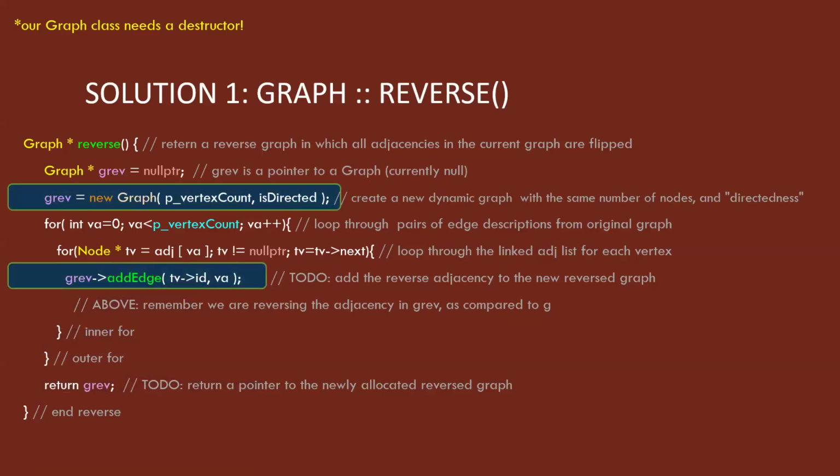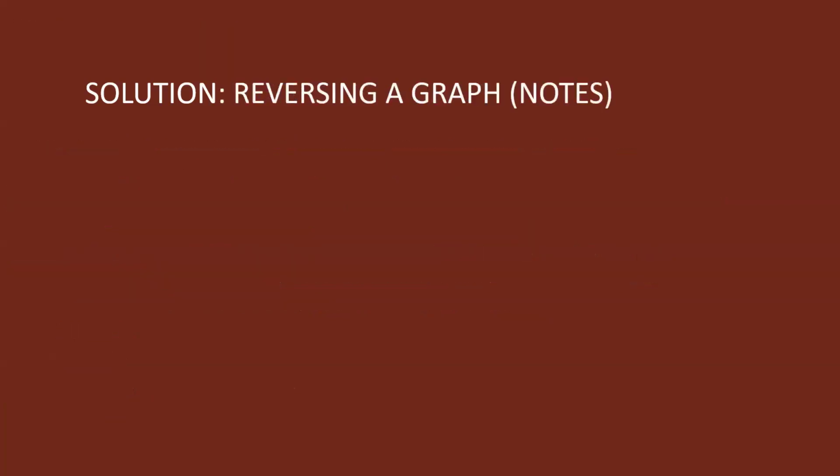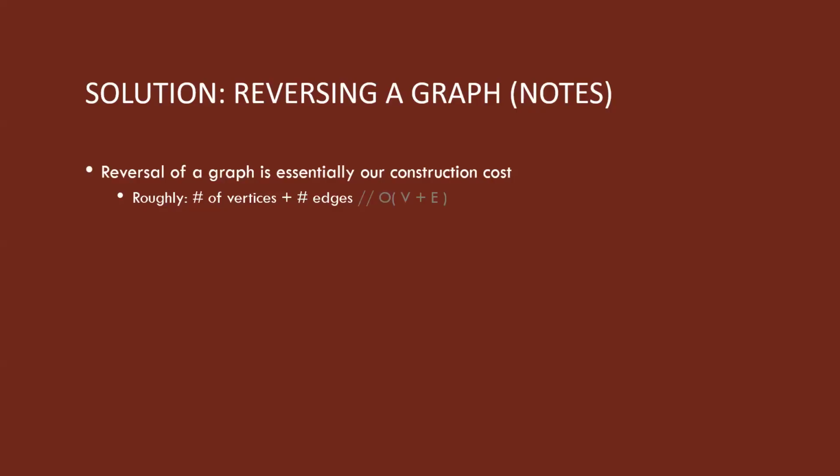Now we have this baked into our graph class, and we're going to use it for this algorithm that's coming up, okay? So in the construction cost, if you think about it, we loop through the number of vertices, and for each vertex, we loop through the number of edges. So really, it's a V plus E worst case cost, okay? And it's pretty tightly bound, right?